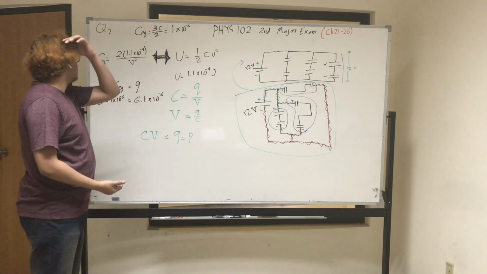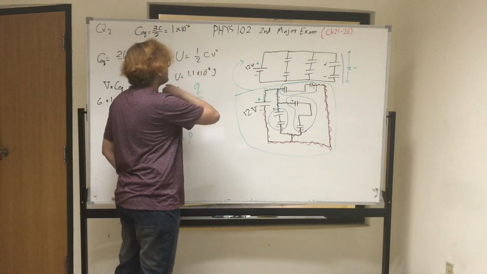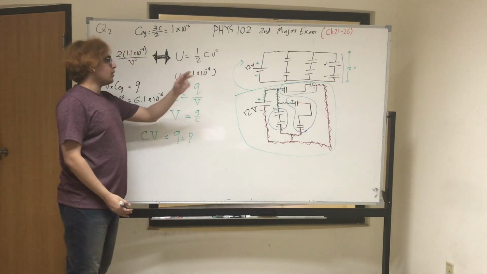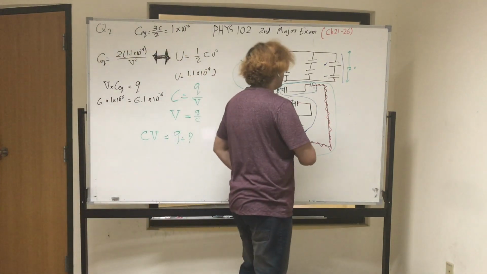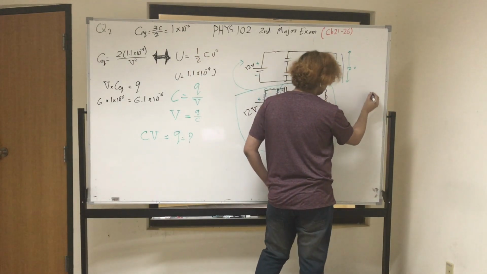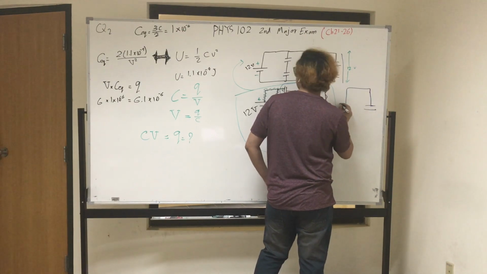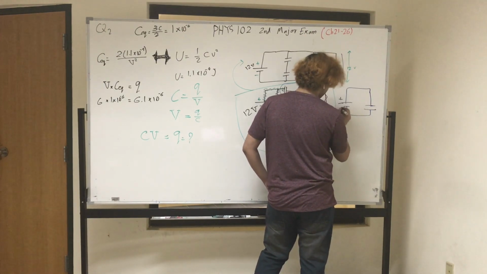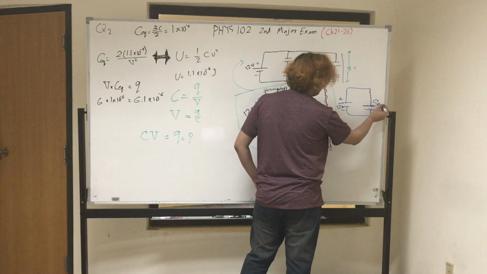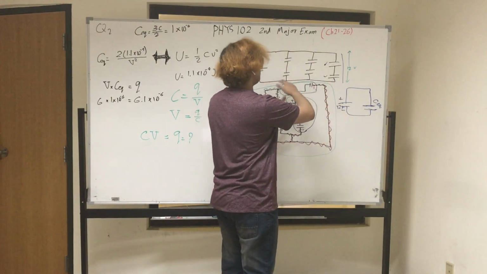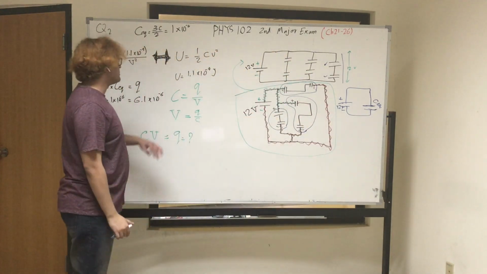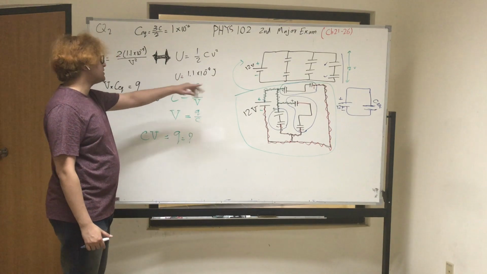Then the second step: we're given the energy stored in all of these capacitors. What does that mean? It means that if we add all these capacitors and represent them by a single equivalent capacitor, with positive, negative, and 12 volts, then the energy stored in that equivalent capacitor is equal to 1.1 times 10 to the negative 4 joules.